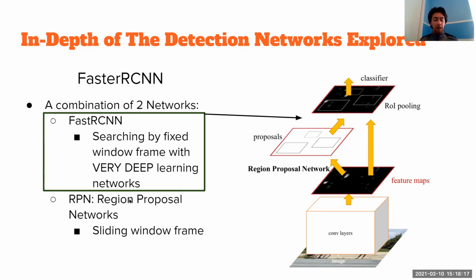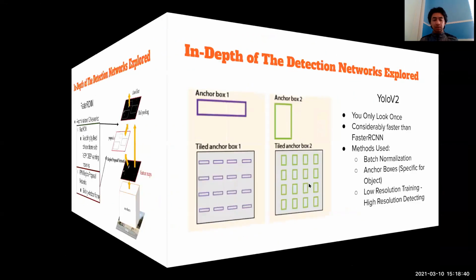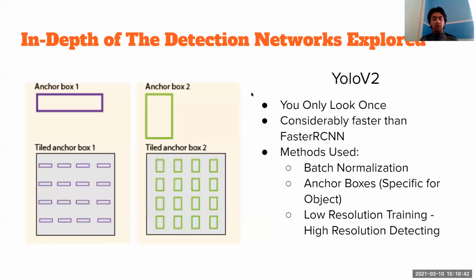Whereas the region proposal network is built before the fast RCNN and increases the fast RCNN searching frames by determining specific regions where there's most likely going to be an object. For my purposes, I'm looking for cars.